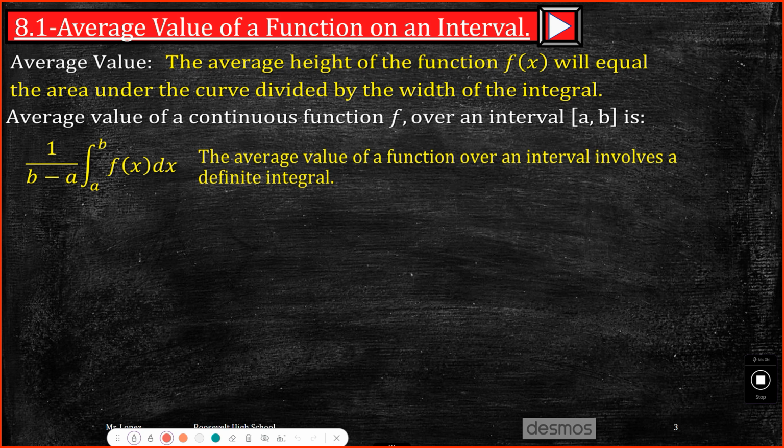The average value of a function over an interval involves a definite integral. Definite means that it has bounds, upper and lower bounds, a and b.